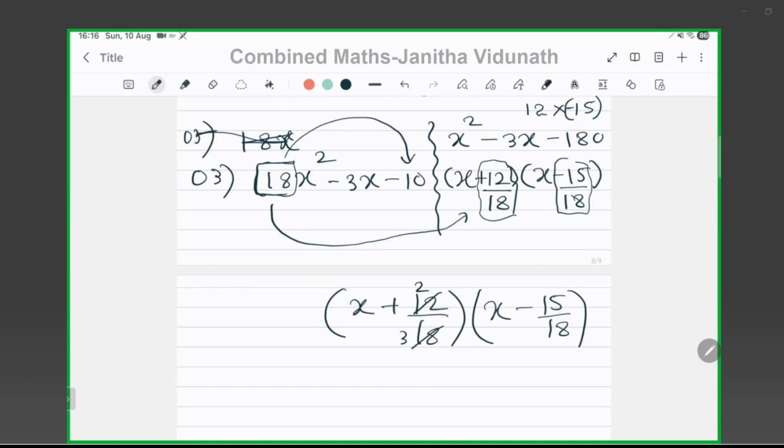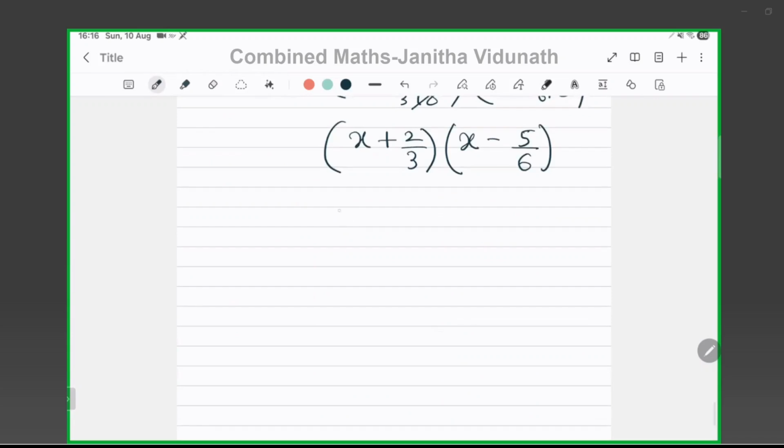From this, we can divide both terms by 3. Then we get 5 here and we get 6 here. Then finally we get x plus 2 over 3 and x minus 5 over 6.